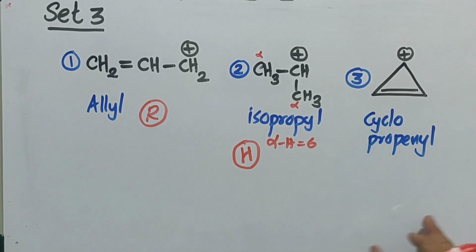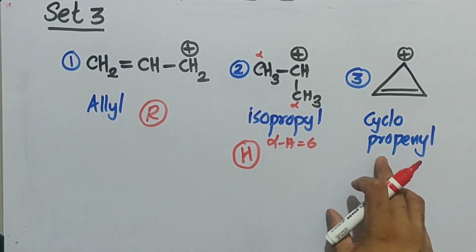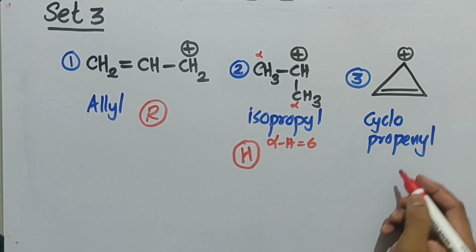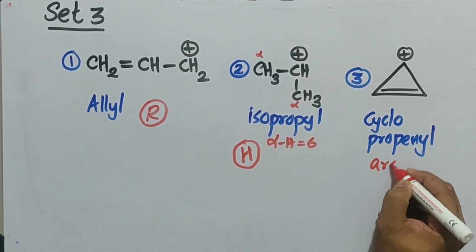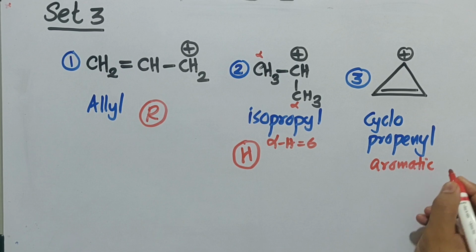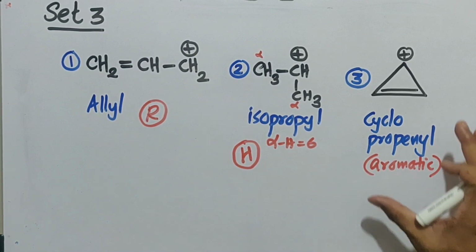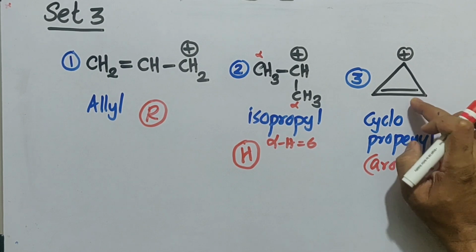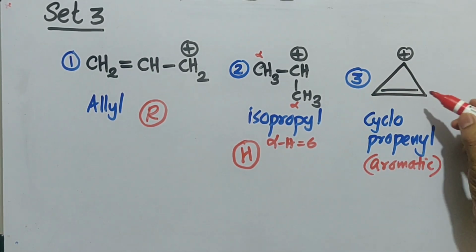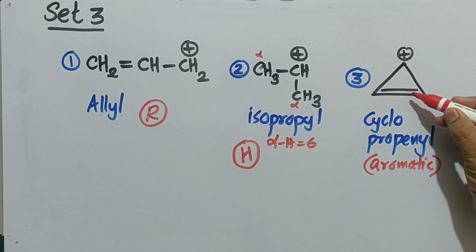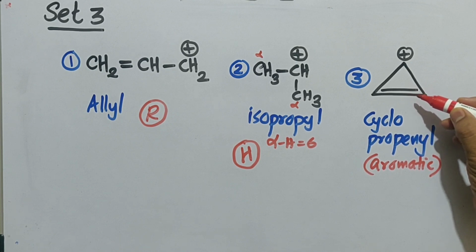Now the third carbocation, that is cyclopropenyl carbocation, is aromatic. Here the considering factor is aromaticity. This species has a cyclic structure, a planar structure, and the number of pi electrons is equal to 2, that is 4n plus 2 pi electrons. If n equals 0, then the number of pi electrons equals 2.